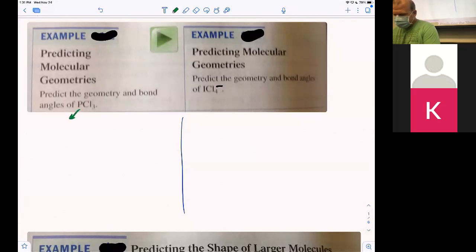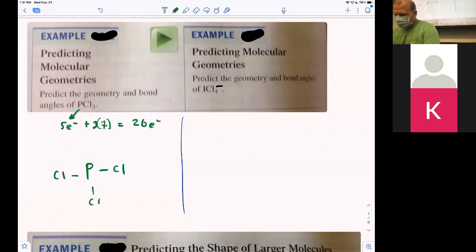So phosphorus has 5 electrons plus 3 times 7 for chlorine, and that is 26 electrons. Phosphorus is put in the center with the chlorines.